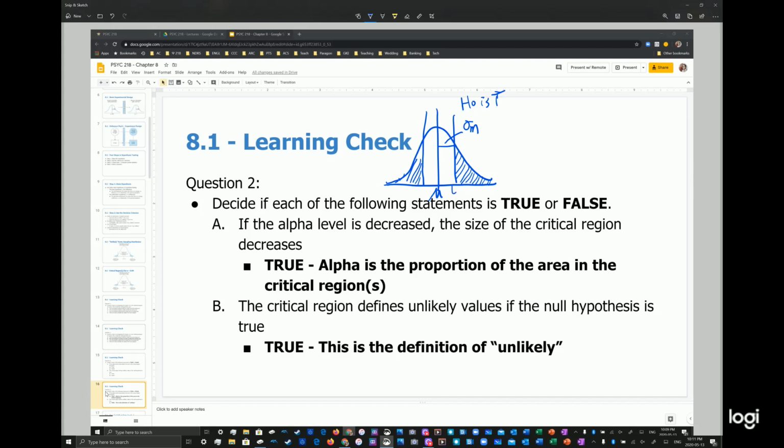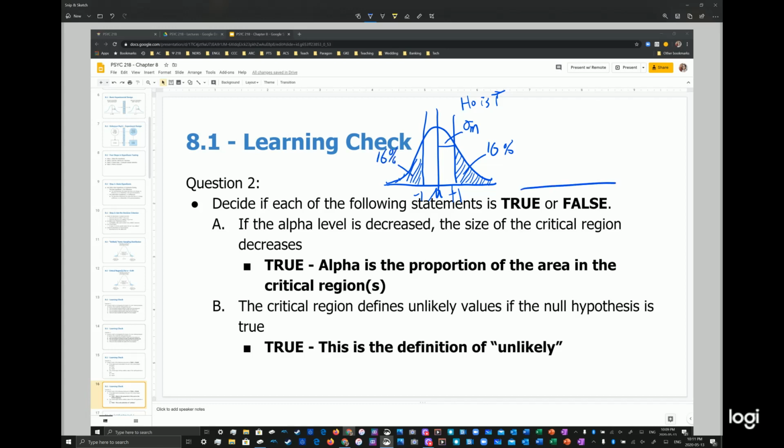So for example, if we set our region instead of plus or minus 2 away from this population mean in terms of z-score, we go plus or minus 1, then the alpha regions are going to be huge. So it's going to be 68%. So you've got 32 left, so it's like 16% on this side and 16% on this side.